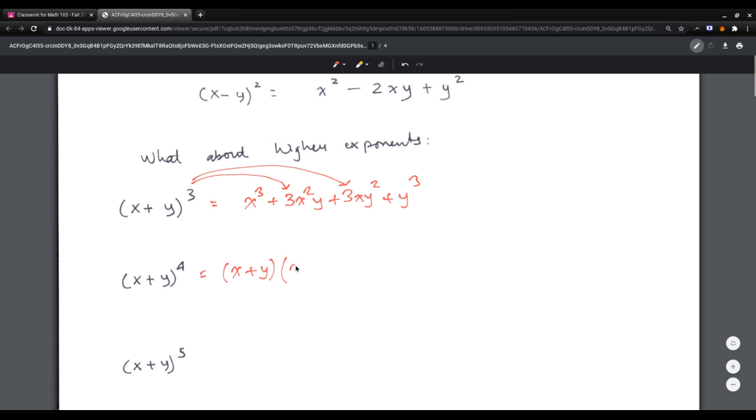Let's actually FOIL it out, and let's see if our intuition that the number 4 should appear is correct or not. So first I have to distribute the x with all of them. So x times x cubed is x to the 4.